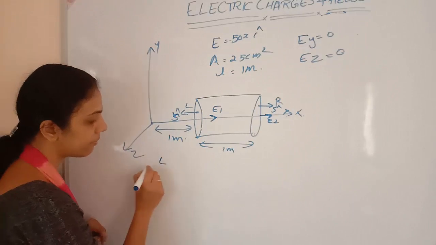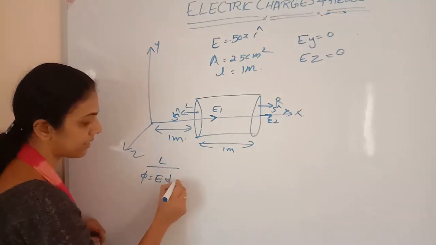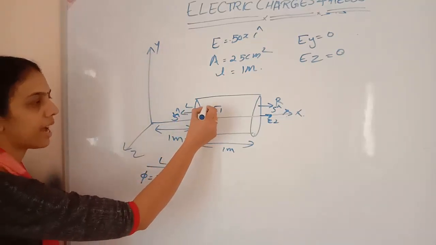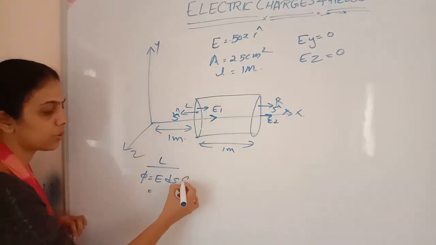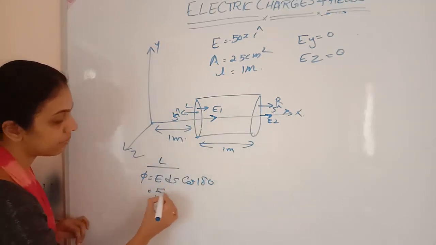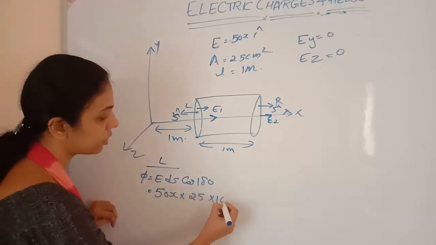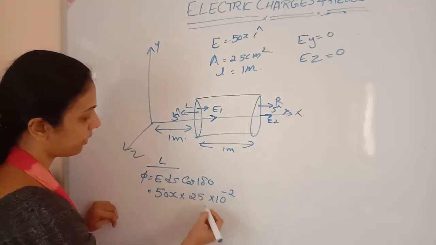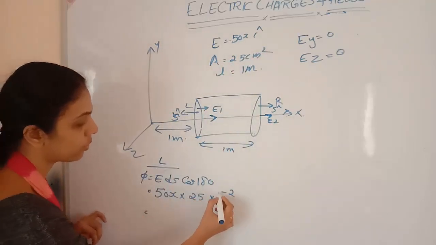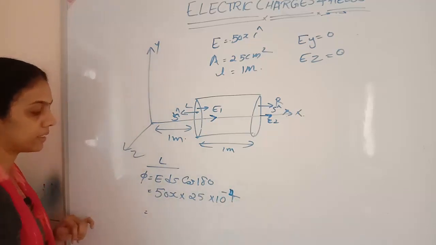So for the left side, I am considering phi equal to E dS. What is E? E and dS are acting in the opposite direction, so cos 180. What is E here? 50x, and A is given as 25 into 10 to the power minus 2 the whole square, that is 25 into 10 to the power minus 4.